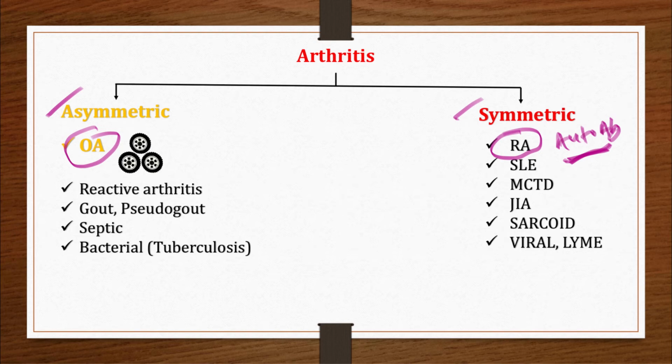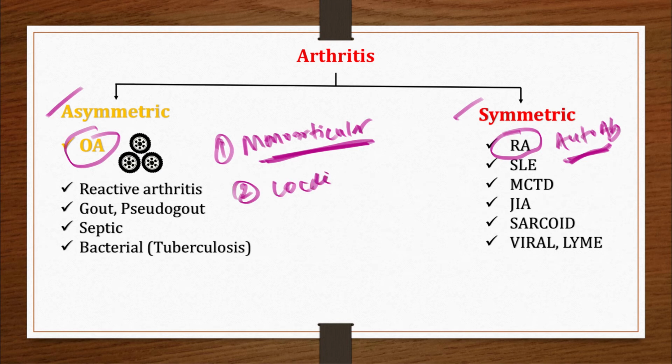So now why osteoarthritis is an asymmetric type of arthritis, right? So let's see to it. There are two reasons for that. One, as we know that this is monoarticular in most of the cases, meaning involving only one joint, so technically it becomes asymmetric. Second, as we know that this is a localized wear and tear problem, right? Remember the tires of your car, they wear out asymmetrically.